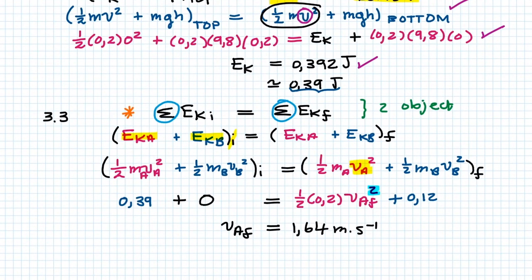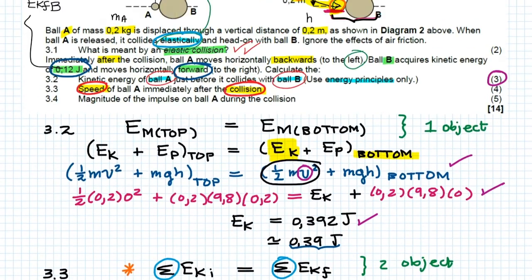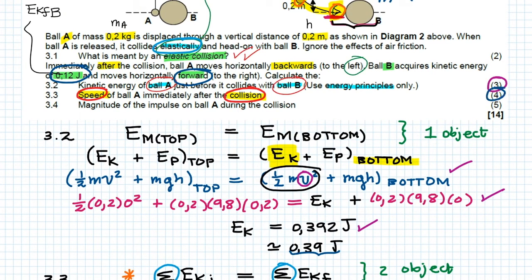Okay, so over here you're getting 1 mark for one of the formulas. You're getting a mark on the left, mark on the right, and 1 mark for your final answer, giving you a total of 4 marks. Now we can move on to the final question in this problem and in this video, which says we need to calculate the impulse of ball A during the collision, and this is for 5 marks.